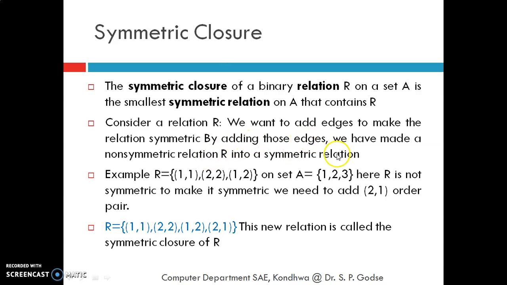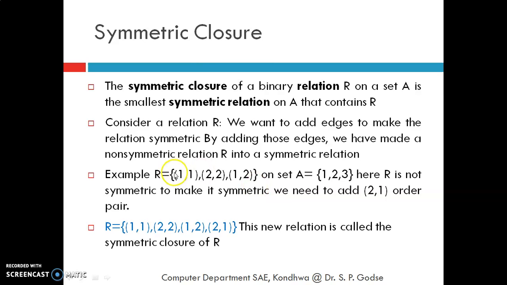By adding those edges, we have made a non-symmetric relation R into a symmetric relation. We saw that in the case of the symmetric property, if the pair (a, b) belongs to relation R, then the pair (b, a) should belong to R, for all a, b belonging to set A.